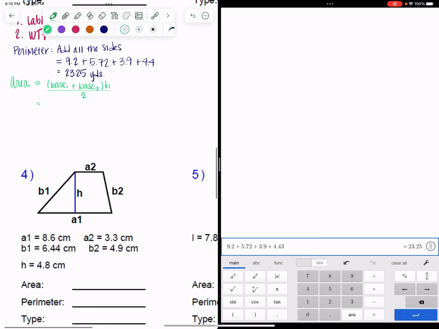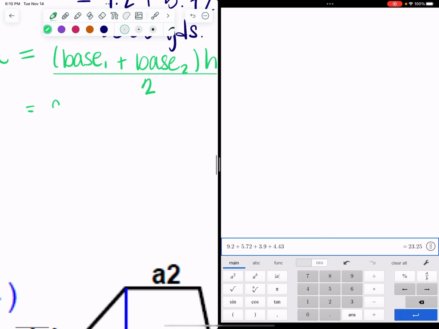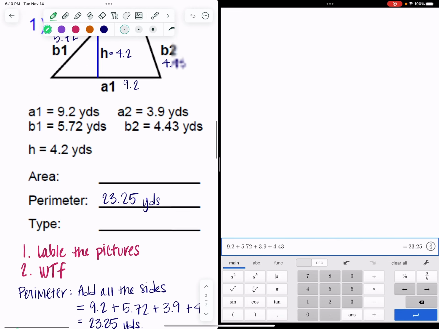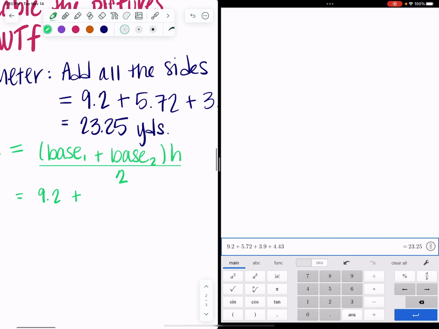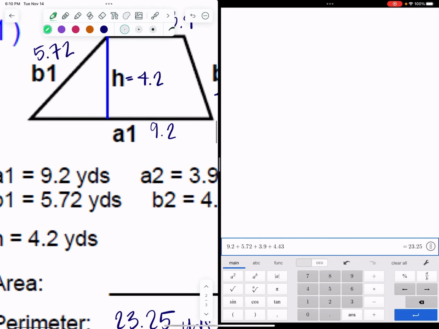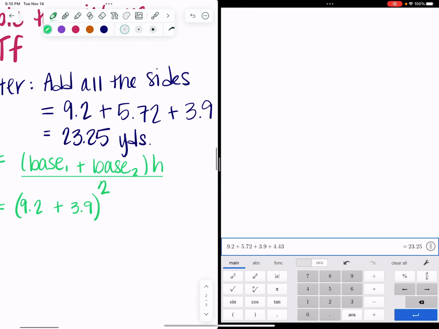That was 9.2. Base 2 was 3.9. The height was 4.2. All divided by 2. Once you have all of the numbers in their places, then you can go to Desmos.